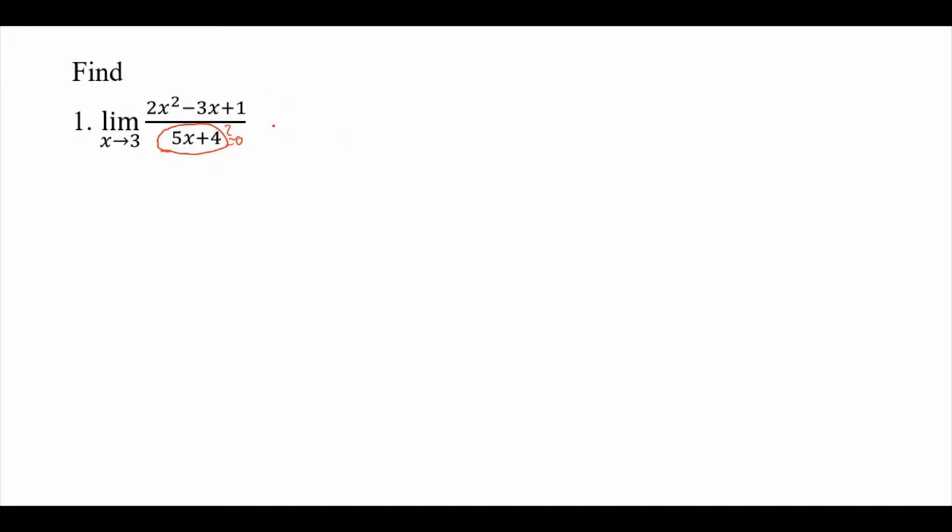So this basically is equal to the limit of 2x squared minus 3x plus 1 as x approaches 3 over the limit of 5x plus 4 as x approaches 3.